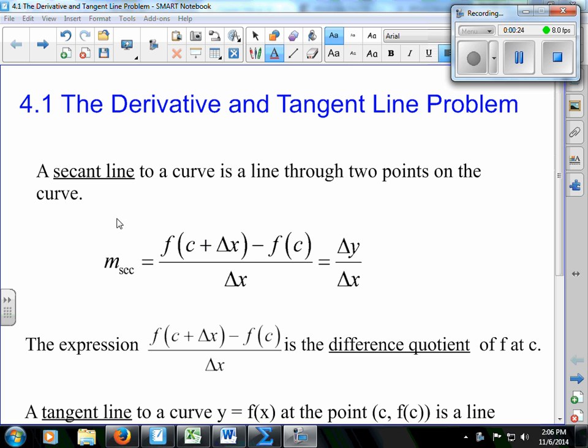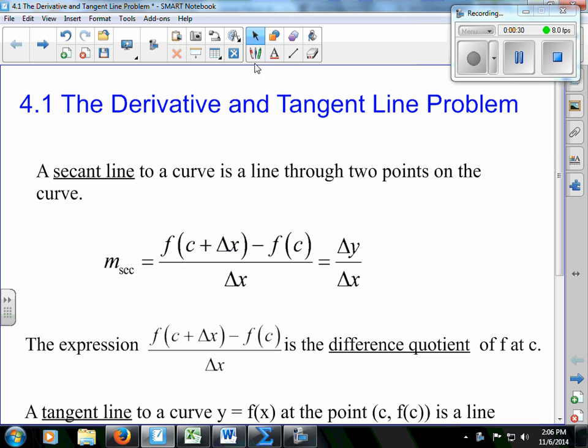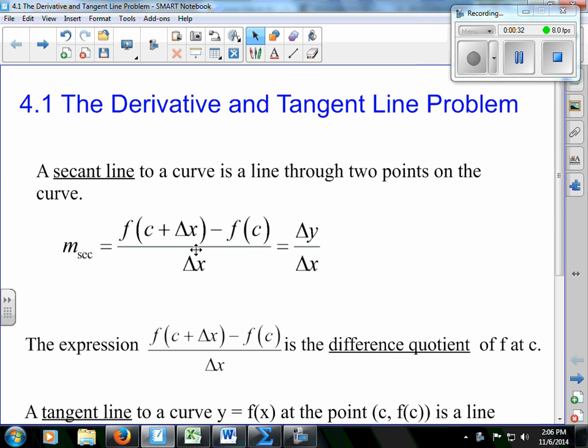Right here below, I have a definition of secant line in terms of an expression. Let me draw you a picture of this meaning.